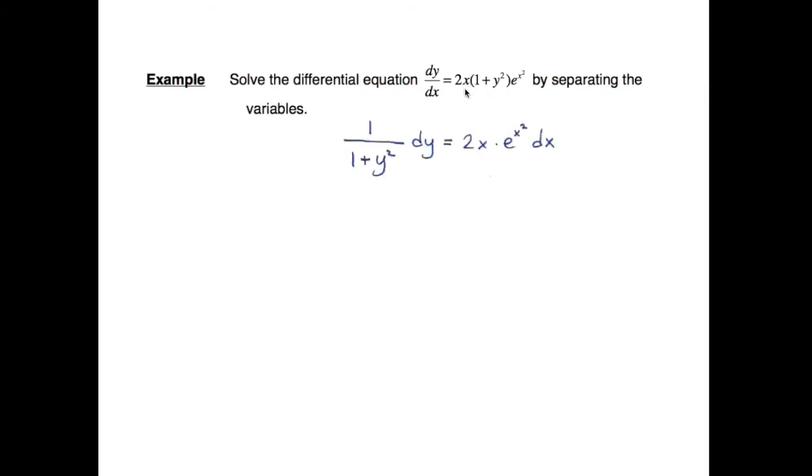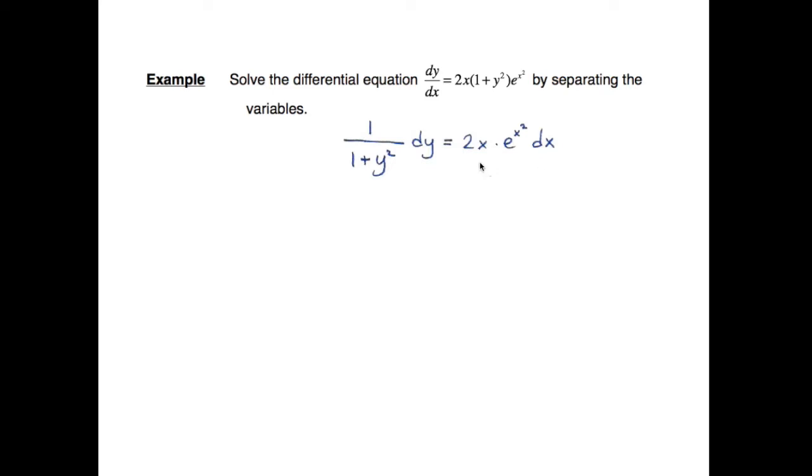So we move the 1 plus y squared to the other side, and we can bring the dx on the right side. So it's easy to separate variables in this exercise. Here the x's, here the y's. So we have one expression that is multiplied by dy, and we have one expression that is multiplied by dx. This is separation of variables.